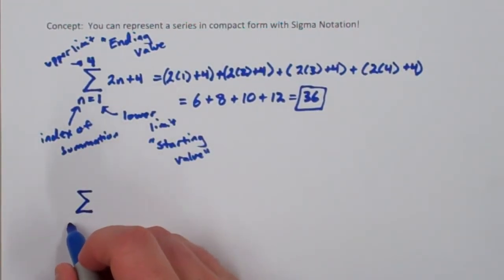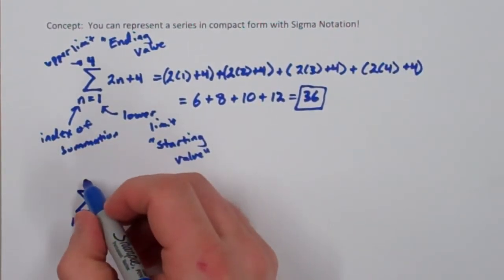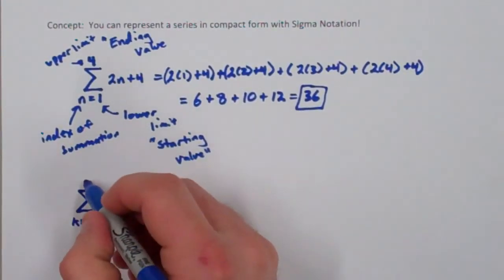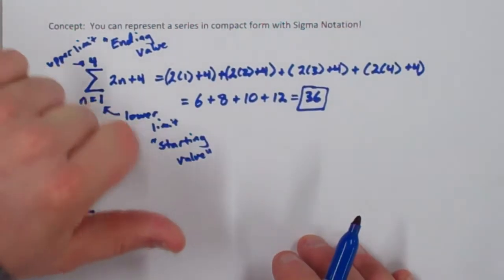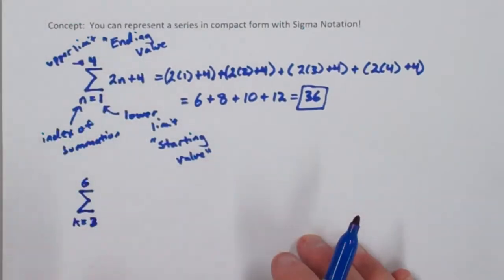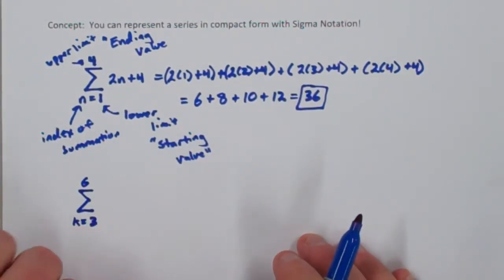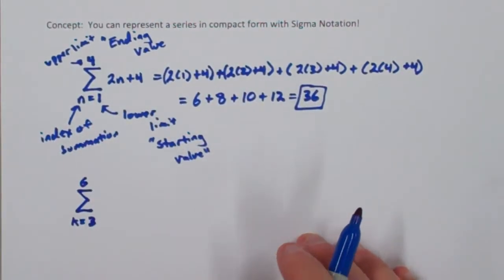We'll start this one with k equal to 3, that's our lower limit, and then our upper limit will be 6. Notice how from 1 to 4, that's 1, 2, 3, 4, it's 4 terms that we're adding up together. And from 3 to 6 is still 3, 4, 5, 6. It's still 4 terms.